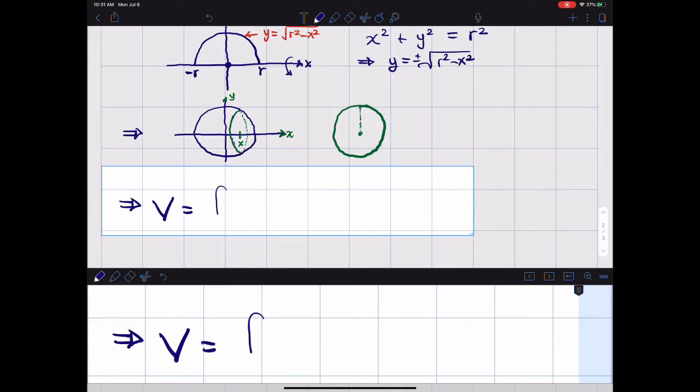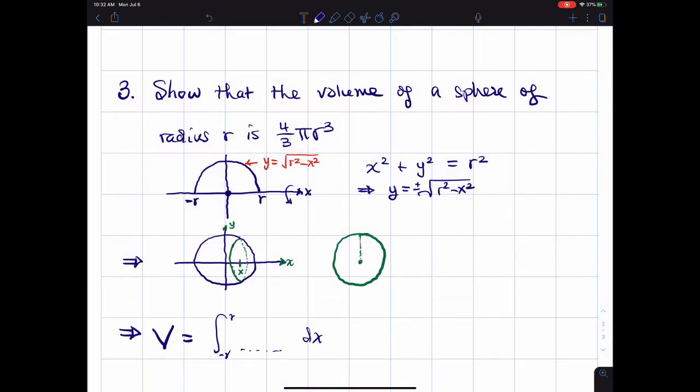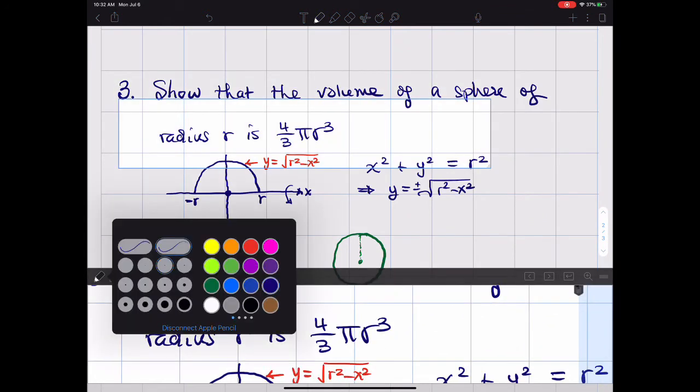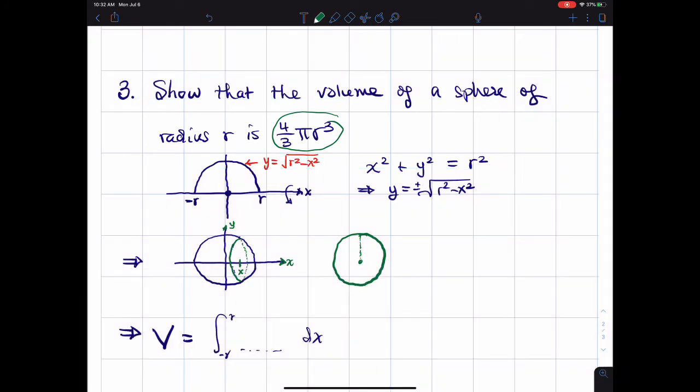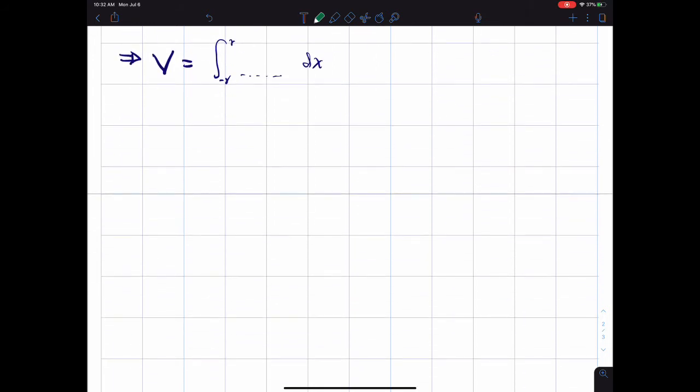Your v is going to be the integral from negative r to r, and you put something in there, dx. And then you show me that this volume is equal to 4 over 3 pi r cubed. Okay. So that's for you to try.